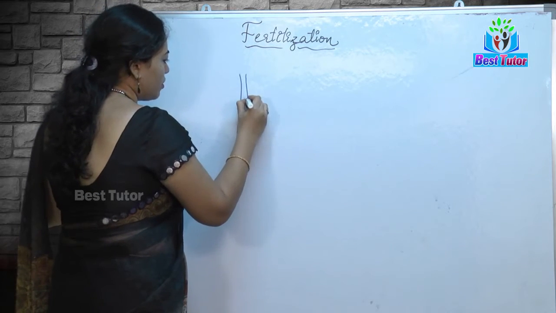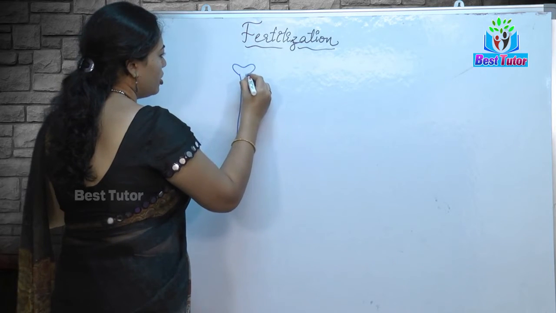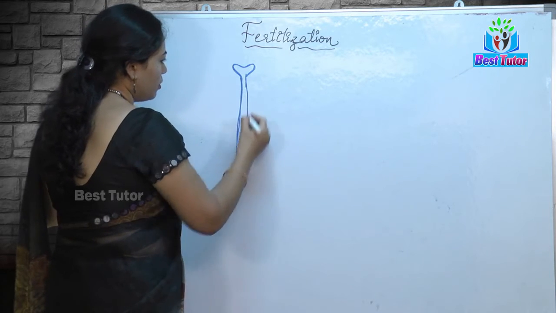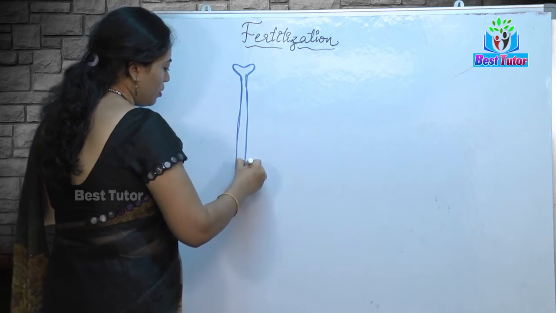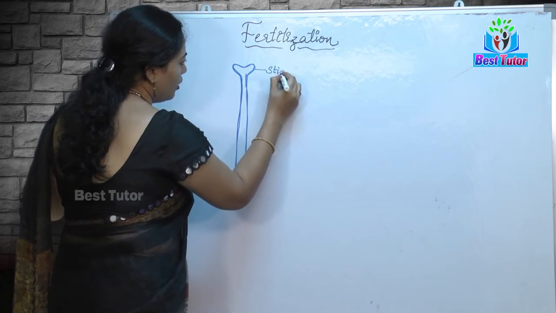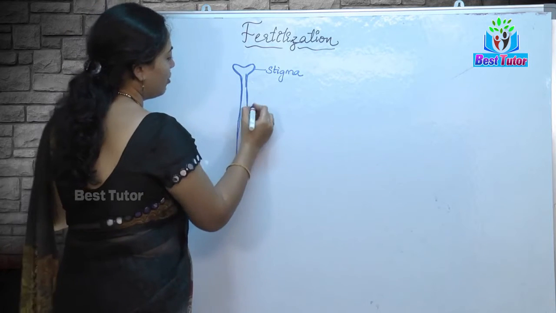So, assume this as a gynoecium of a flower, and this part is known as stigma. The top part of your gynoecium is known as stigma.